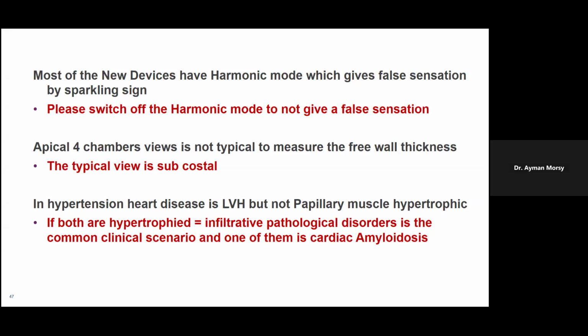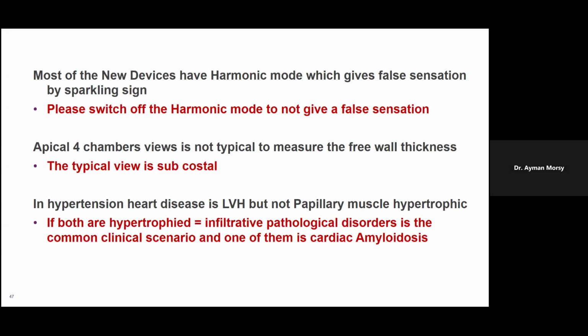So my important lesson is, please watch the echo machines and turn harmonic mode off. If you keep harmonic mode on, it gives a false sensation. Again, the apical four-chamber view is not typical to measure free wall thickening. The typical view to measure it is the subcostal view.